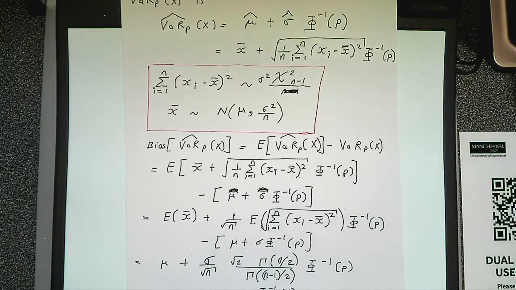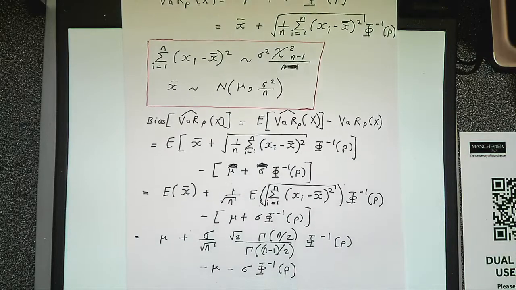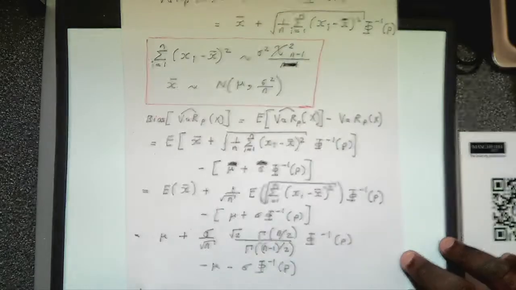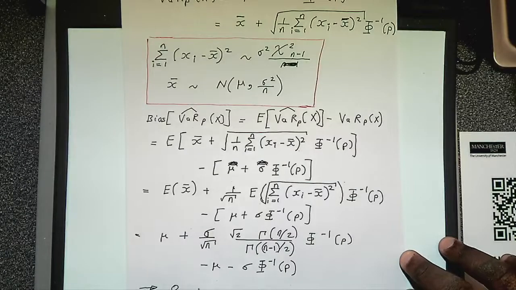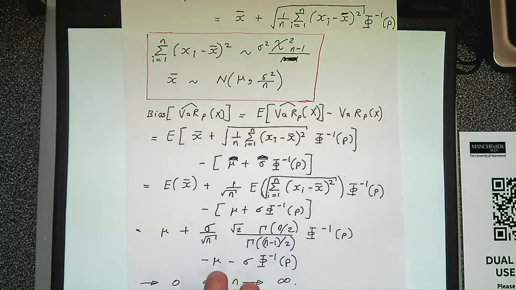All right, now I would like you to show, though I don't expect it, and if you can't show it, it's okay: clearly this is not equal to 0, but if you can, I would like you to show that this approaches 0 as n goes to infinity, and hence the estimator is asymptotically unbiased. I know it doesn't look pleasant.